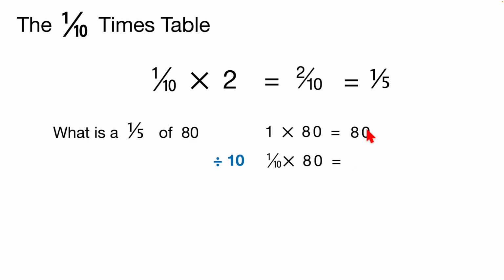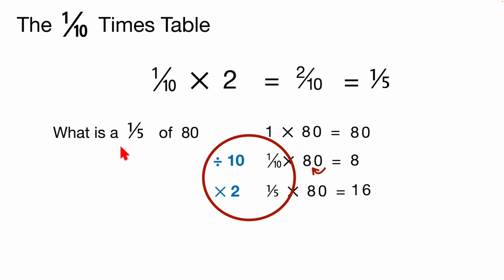So let's move the imaginary decimal place to the left, and I get 8, which if I multiply by 2, I've now got 2/10 of 80, which is 16, and that is a fifth. So in 2 steps, I have divided by 10 to get a tenth, and I've multiplied by 2 to get 16, which is a fifth of 80. You can do it other ways, but that's very quick.